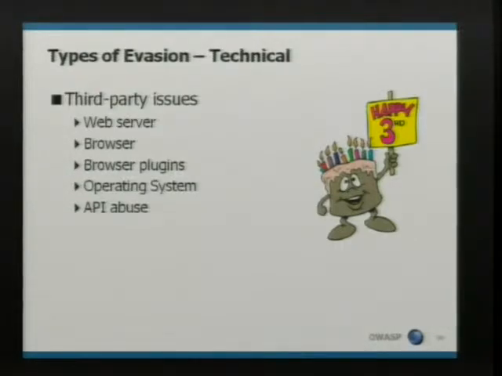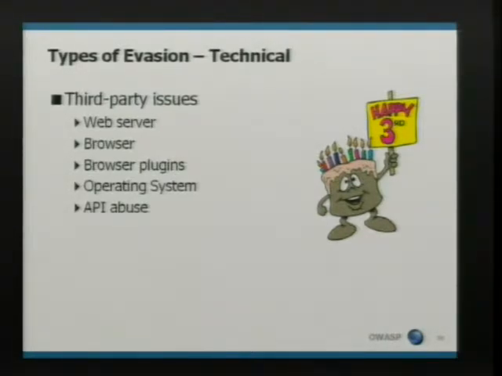Third-party issues. This is very, very interesting. This is a kind of second-order bypass, because usually you can't do anything. So we have the web server side, we have the browsers, the browser plugins, and also the operating system, which can help us to bypass the cross-site scripting filter.